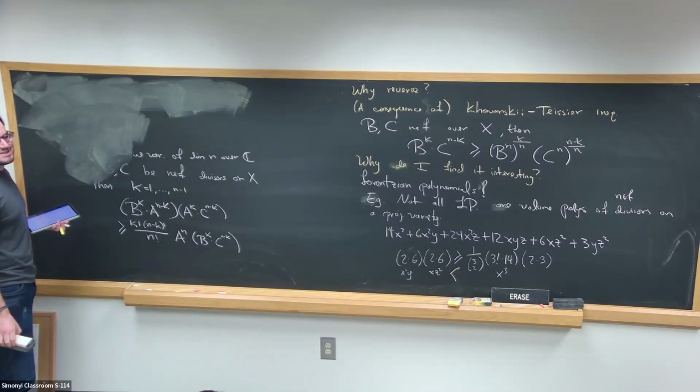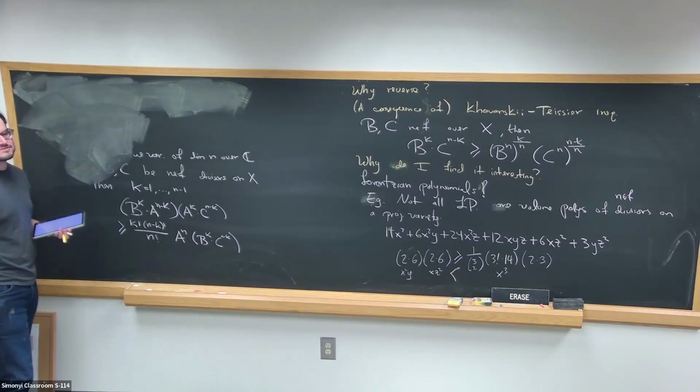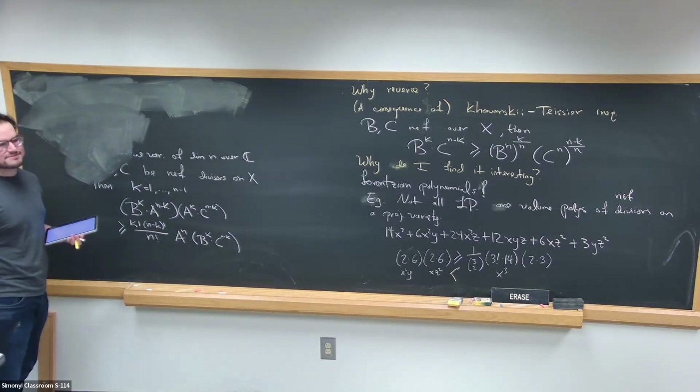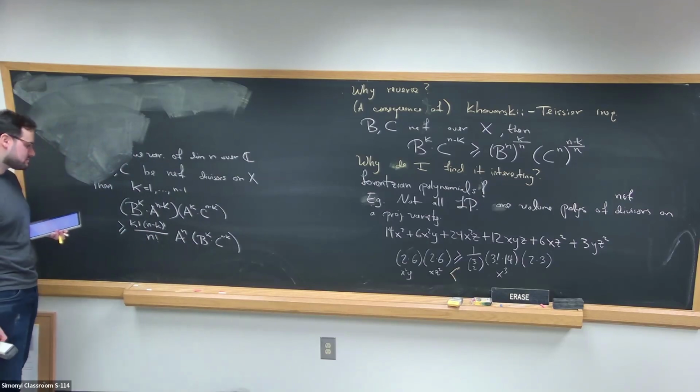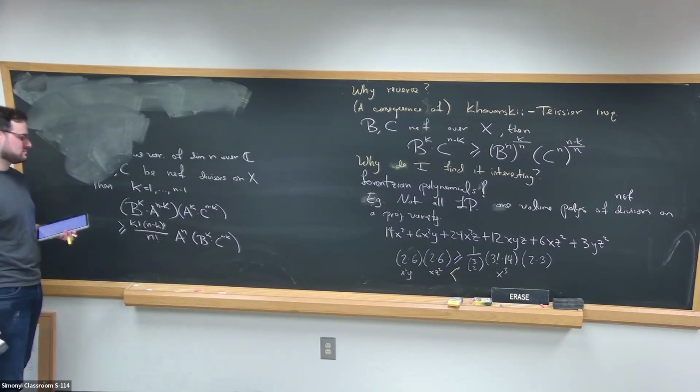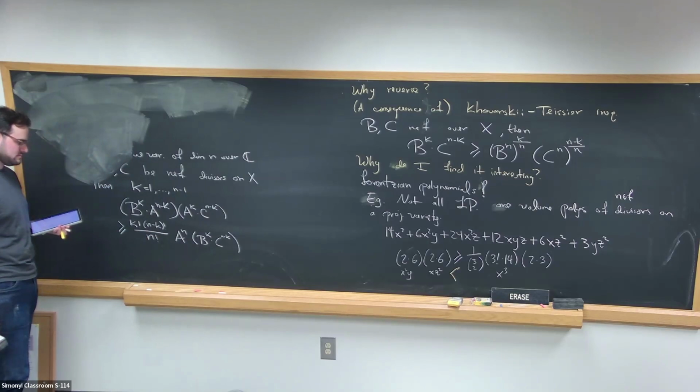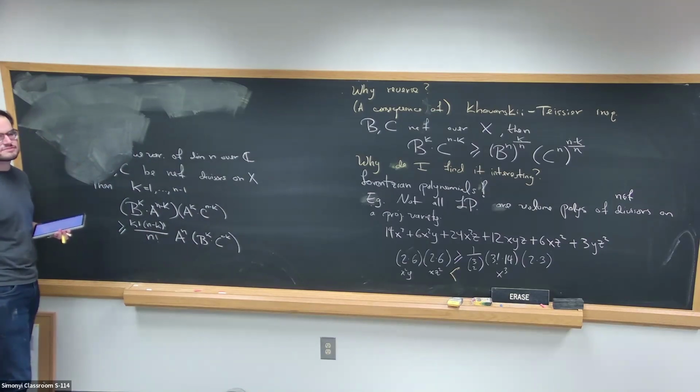I guess I've seen it so many times that I already know, but it's all new. So I find it helpful to think of the case when A is like O(1) on a projective space and B and C live on some variety that maps to that. And then it compares the degree of the push forward of the intersection with the product of the degrees of the push forwards.